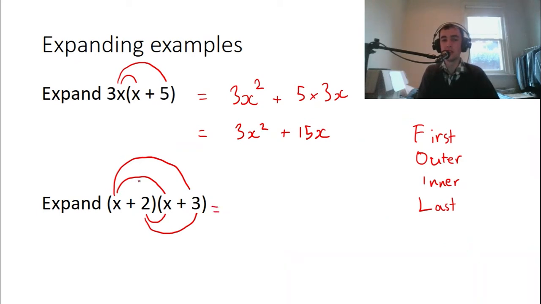So let's do the first ones. So x and x, that is x squared. All right. And then let's do the outer ones. So x times 3. Do I write that as x3? No, I don't. I write that as 3x because the coefficient always comes first. I've got the inner ones now, 2 times x. And now I've got the last ones.